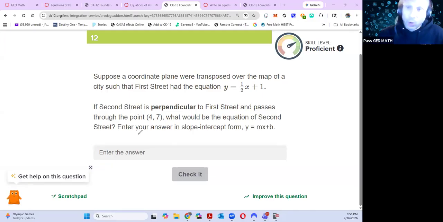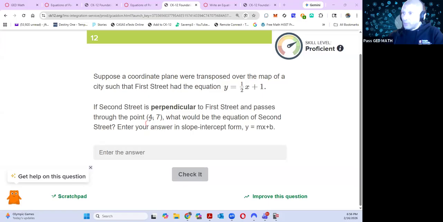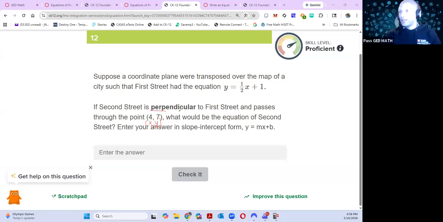Tell me what we know from this information. X is 4 and Y is 7. Okay, so they gave us a point. So I know my point is my X and my Y. Perfect. That's wonderful. What else do we know? It's perpendicular. They want to find the equation of a perpendicular line.